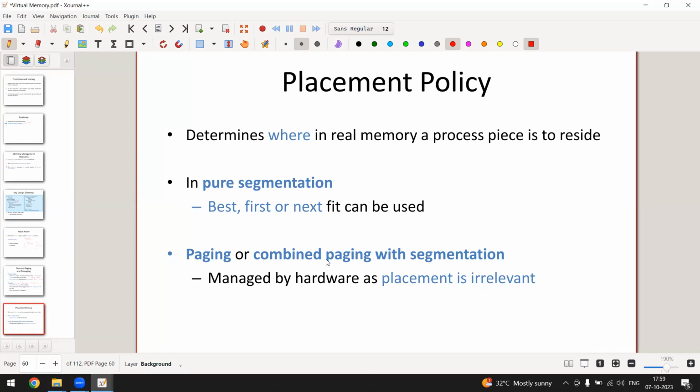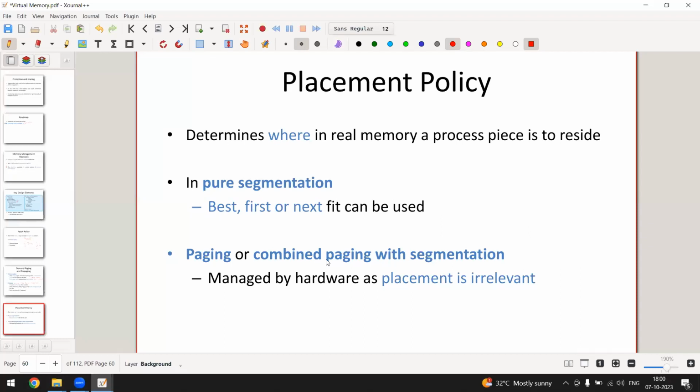If you are using pure segmentation, then you can use best fit, first fit, or next fit algorithm. You already know these algorithms, right? We have discussed these placement algorithms before your exams. So these algorithms you can use to allocate a page to memory.